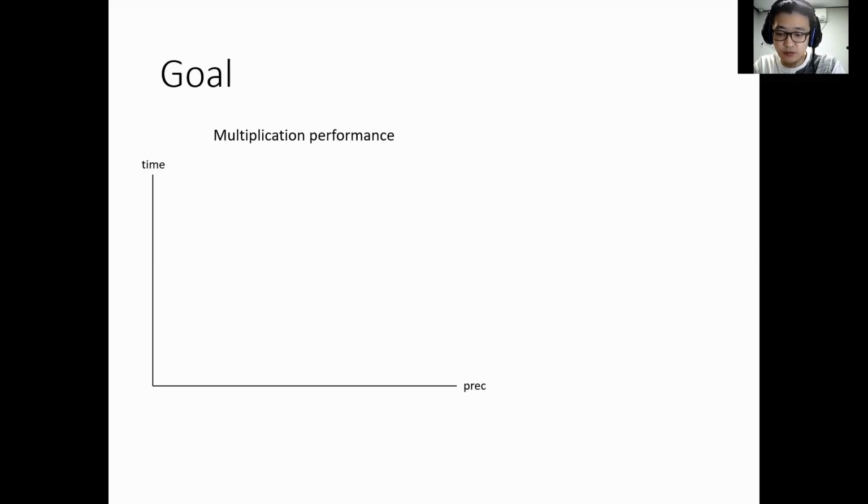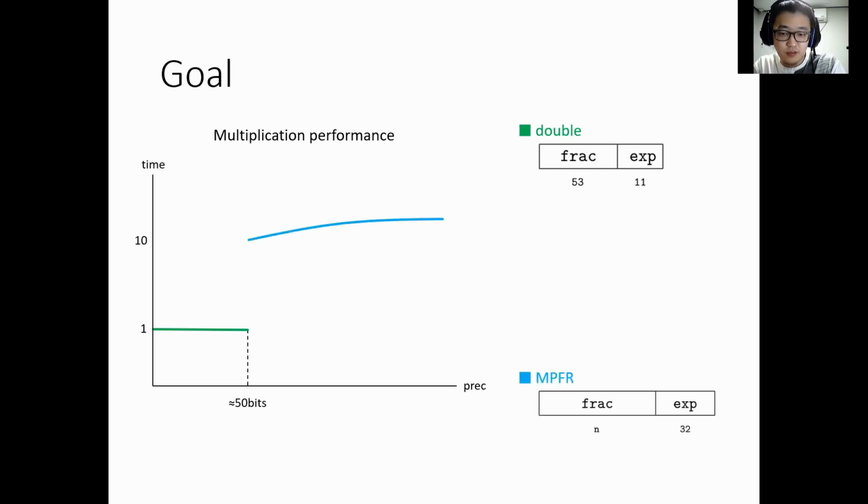So let's take a look at this graph. When iRRAM starts multiplication and if we increase the multiplication precision, then iRRAM starts with double precision, which has around 50 bits limitation. If we need more precision, then iRRAM moves on to MPFR.